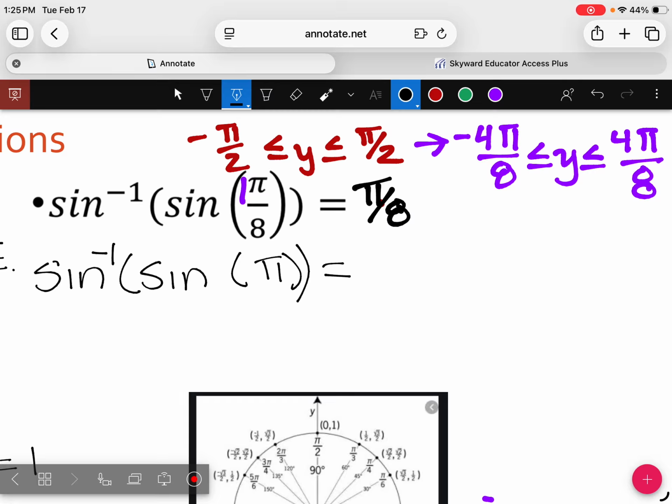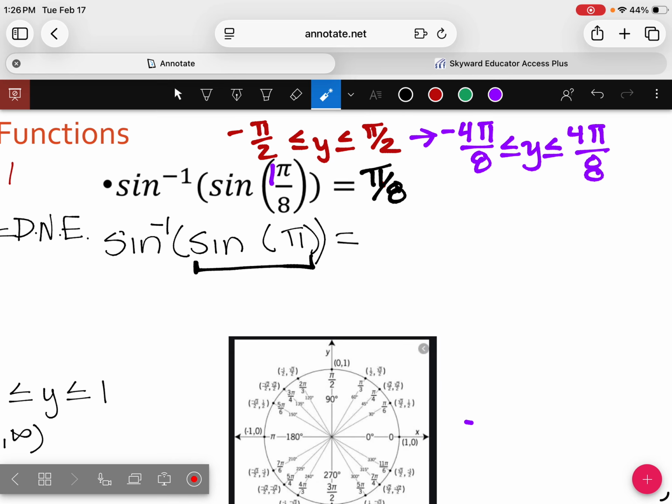All right, what is the sine of pi? And the reason we had to do that is because this is not on my unit circle, so I had to go about it a different way. All right, last one. What's the sine of pi? 0. What angle has a sine of 0?